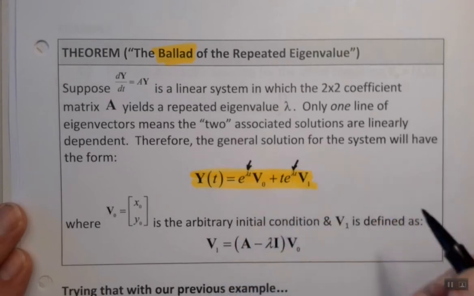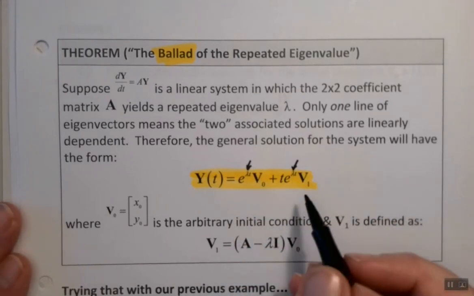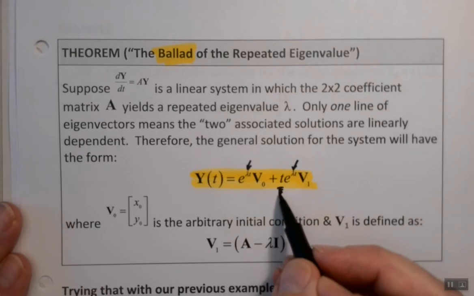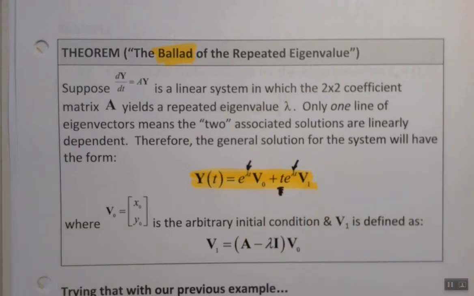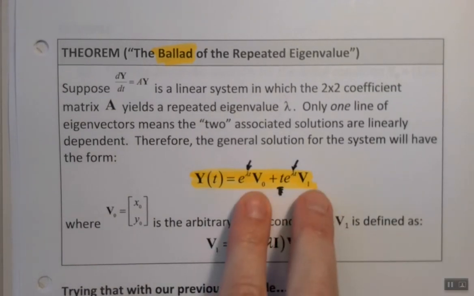Here and here. But the key for this formula is there's a t value sitting in front of one of those exponentials. So whenever you see a t sitting out front of a solution, it usually means things are not linearly independent. The other thing to pay attention to here is that we have two vectors.